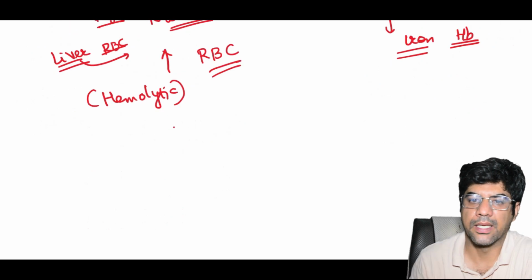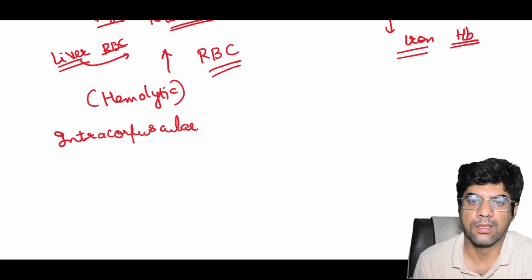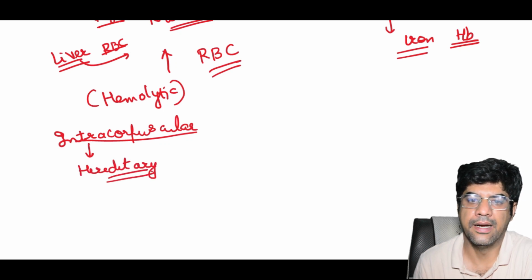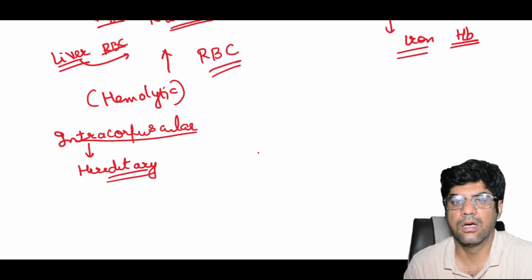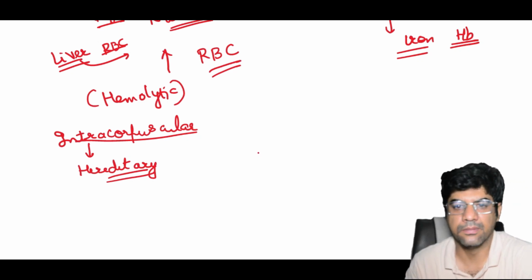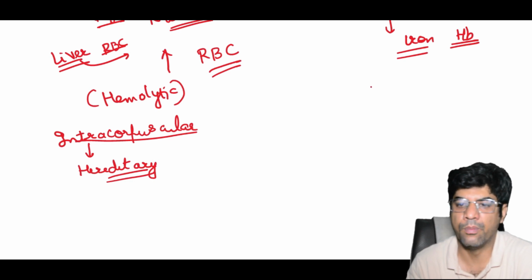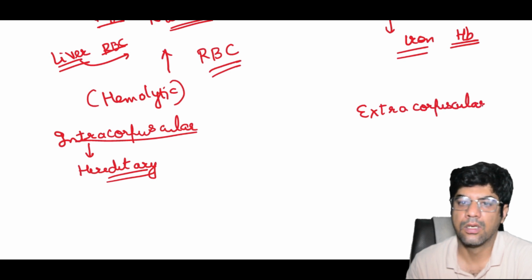That could be either intracorpuscular, which means hereditary, affecting the red cell membrane, enzymes or hemoglobin, or extracorpuscular, through acquired conditions like red cell destruction.